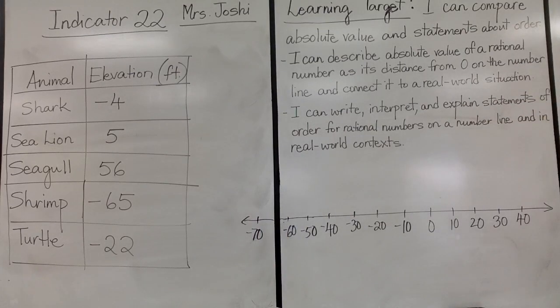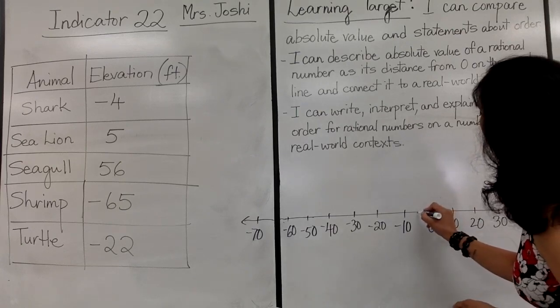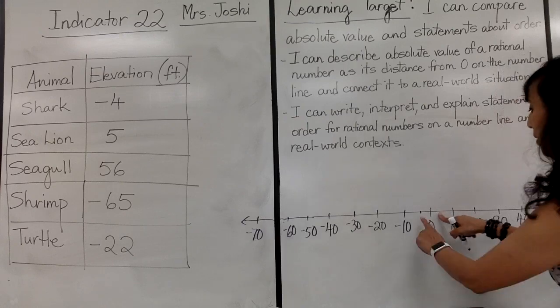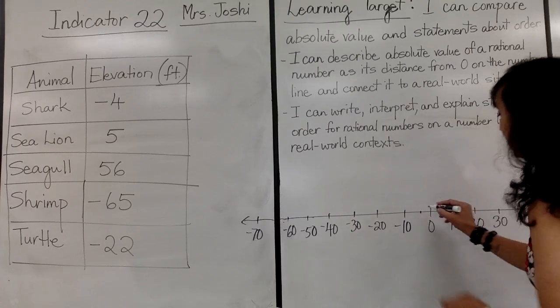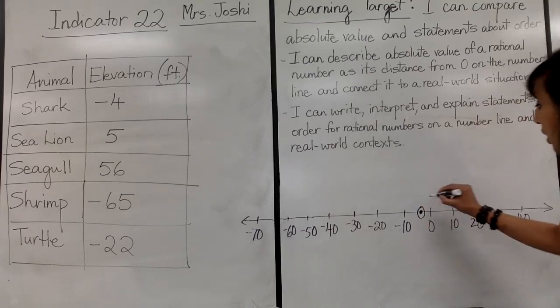If I was graphing this, the shark is at negative 4. So if this is 0, over here would be negative 5. So a little bit on this side because this would be 4. It's going to be the exact opposite of 4. So this is going to be your shark.